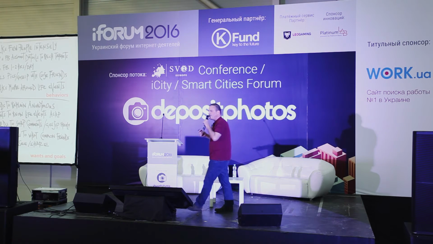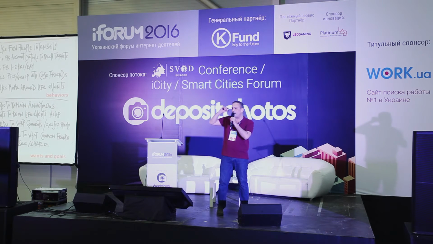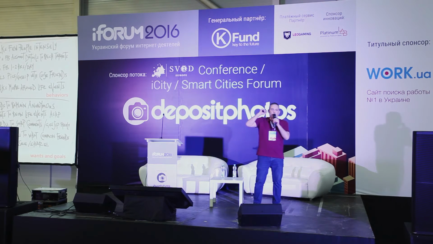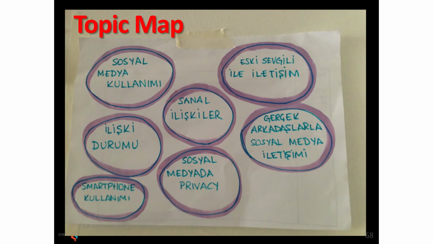And once we identify these assumptions, we identify the most critical ones. If our hypothesis is wrong, where and how will the product fail? So we go out, sketch a topic map, and go to interviews with the persona, with the potential customer.